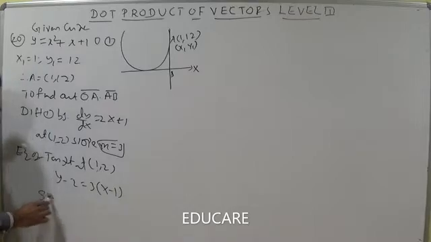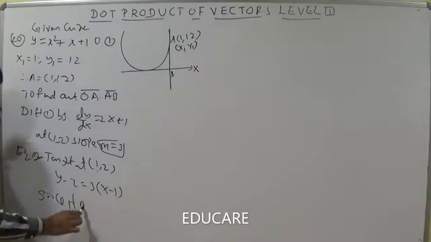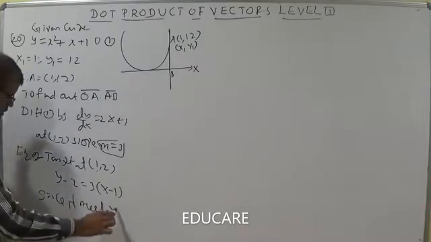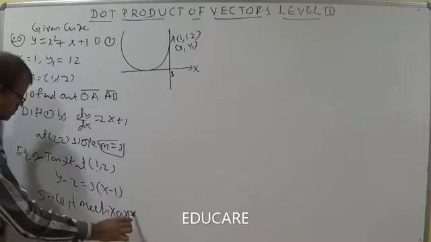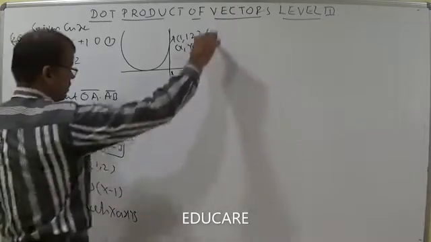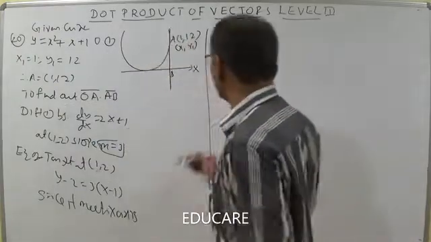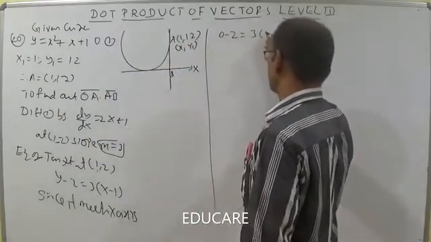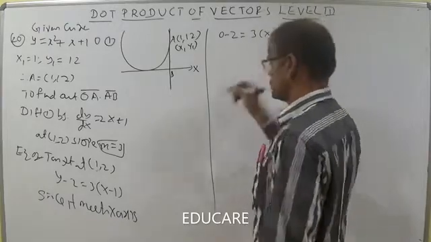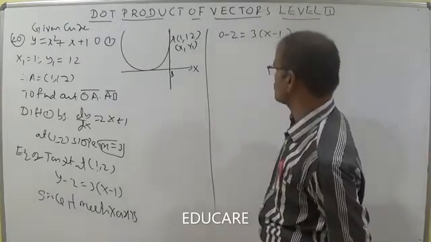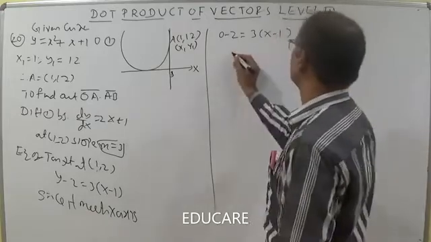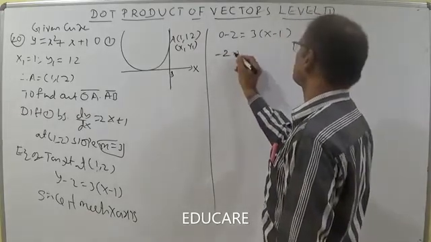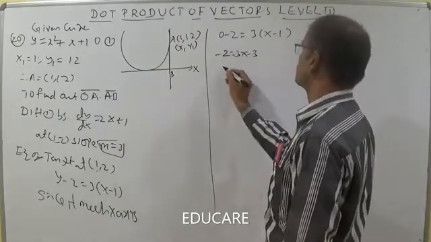Since the tangent meets the x-axis, you can write y equal to 0. Correcting a small mistake, y1 is 12, so y minus 12 is equal to 3 into x minus 1. Putting y equal to 0, minus 12 is equal to 3x minus 3.